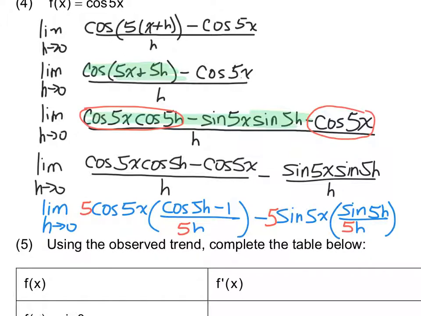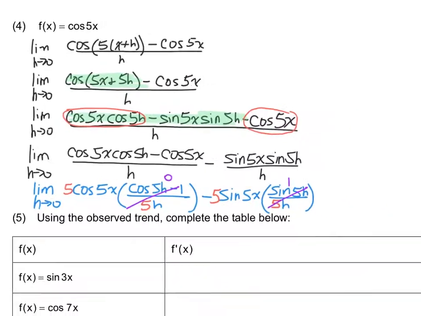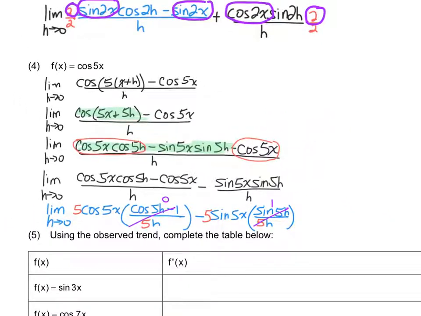All right. So this would cancel to 0. This would cancel to 1. And so out of all this mess, the only thing I'm left with is a negative 5 times the sine of 5x. All right, so basically the last thing here.